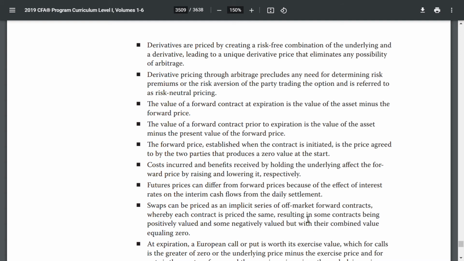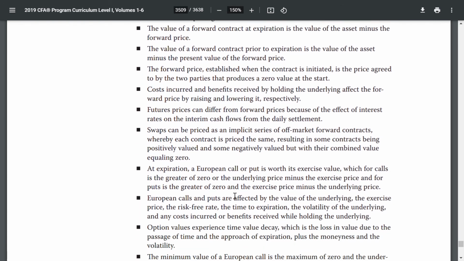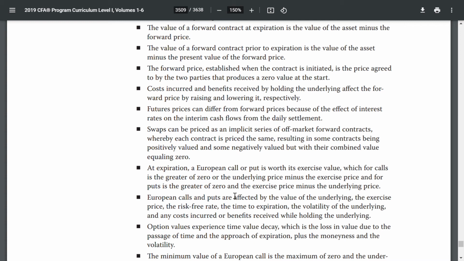The value of a forward contract at expiration is the value of the asset minus the forward price. The value of a forward contract prior to expiration is the value of the asset minus the present value of the forward price. The forward price established when the contract is initiated is the price agreed to by the two parties, which produces a zero value at the start.